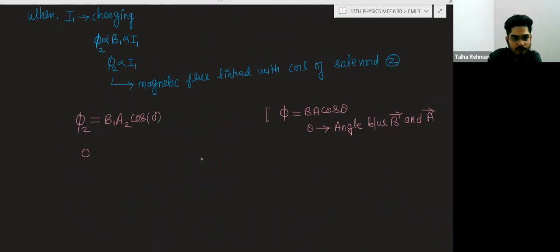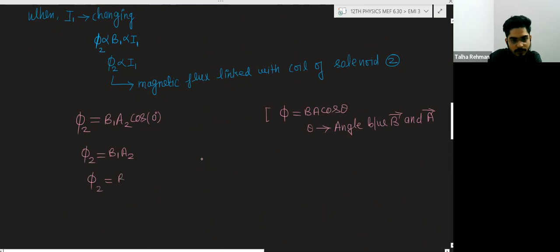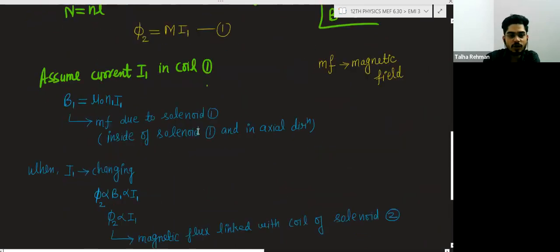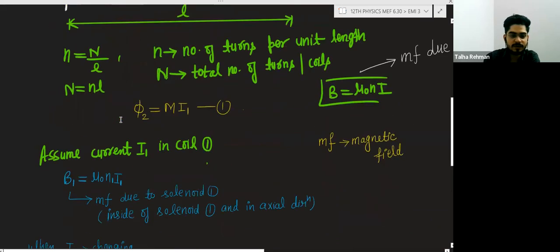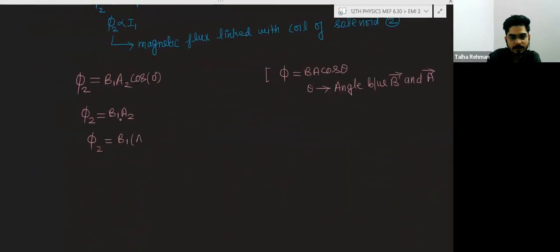So phi 2 will be B1 into A2, and what is A2? A2 will be the area of this circular coil, that is pi into R2 square. We will write here pi into R2 square.